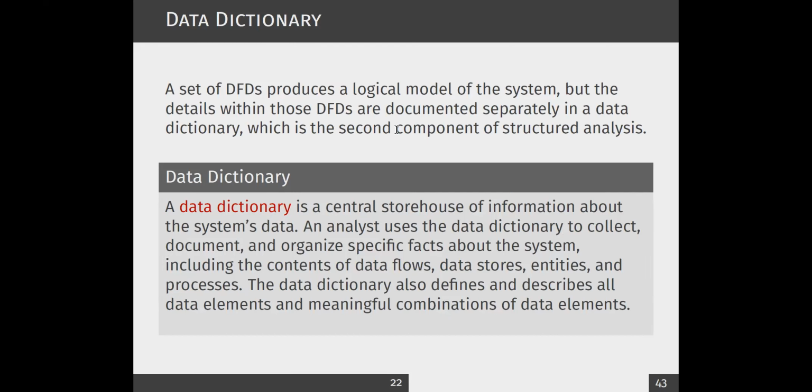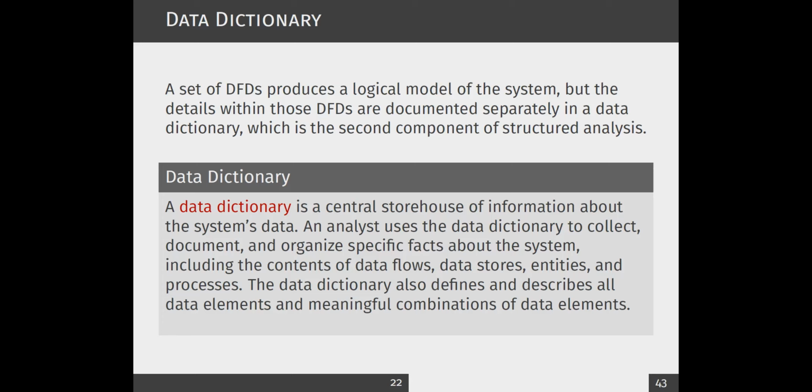Now, two more things we discuss under data flow diagrams. We can talk about data dictionaries, where you can store information about the system data. In a data dictionary, we collect all the facts about the system. You can have the content of data flows, data stores, entities, and also processes.